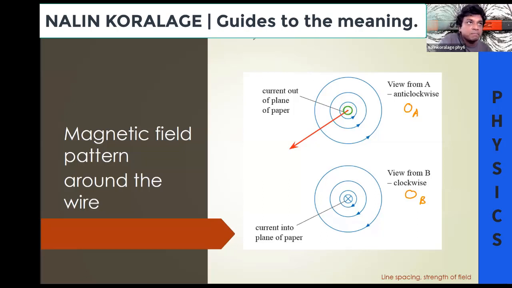Now while you keep drawing these circles, and while going away from the current carrying conductor or the wire, can you see something really obvious? For example, here, the gap between these two line segments, and the gap between these two line segments, and the gap between these two line segments, right? Meaning the separation between two consecutive lines increases while going away from the wire.